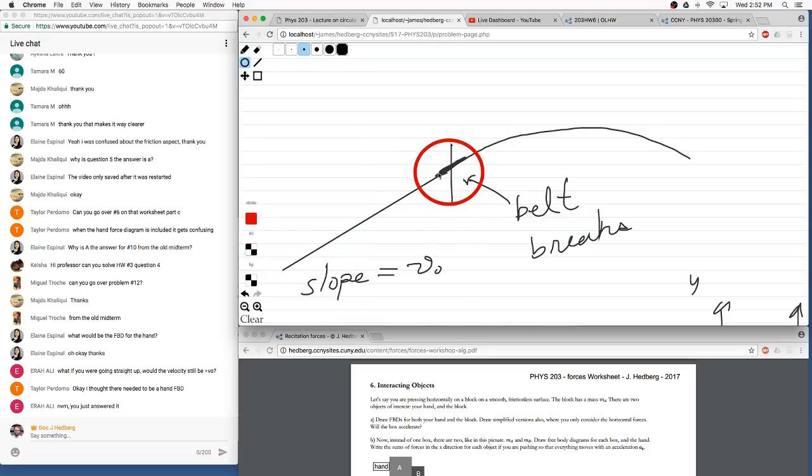The slope right there has to remain the same on both sides of this. Then after it breaks, the slope can start changing. So all along here, that's where we have changing slopes.